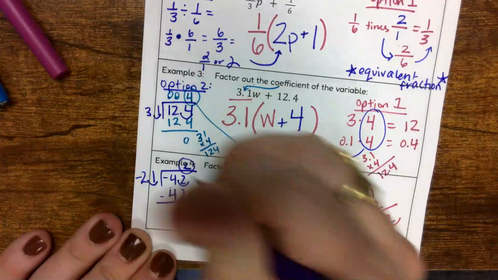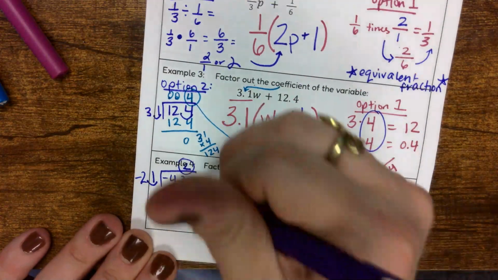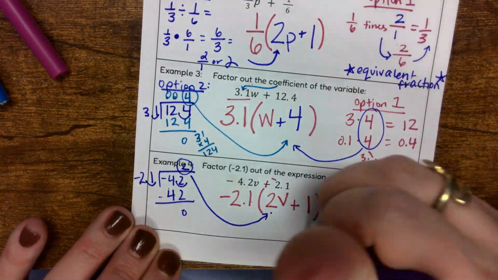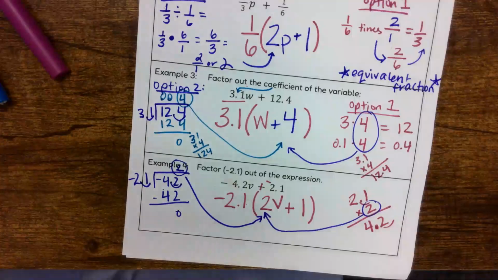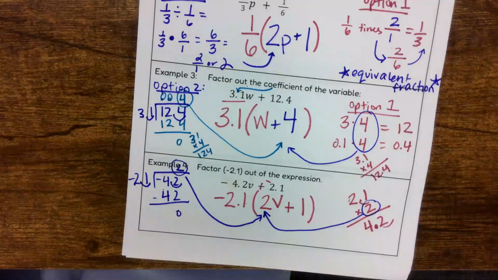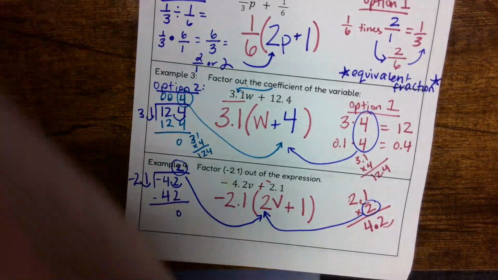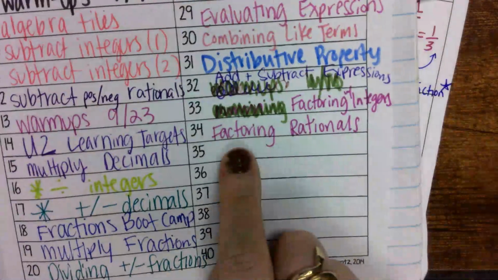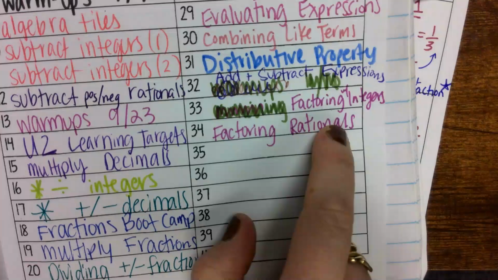And so it would have been a positive 2, which is what we got right here. So either way, we get that number 2 by either guessing and checking or dividing. Okay, and that is going to go on page 34 of your notebooks. So you're going to put factoring rationals right here on page 34.